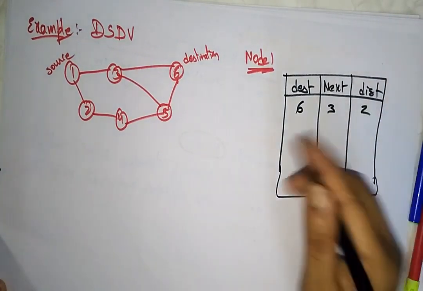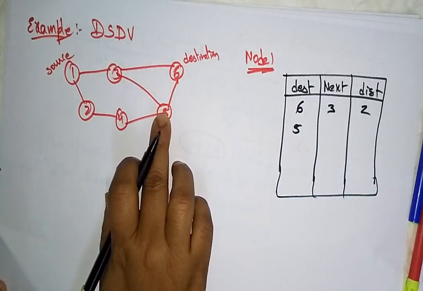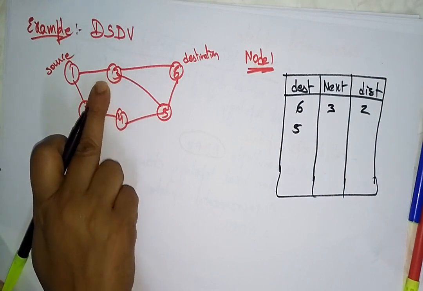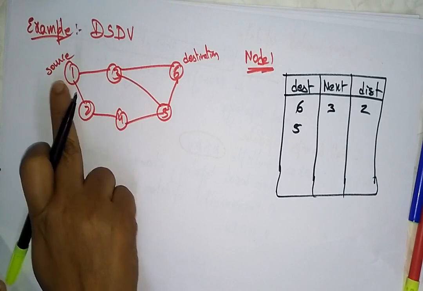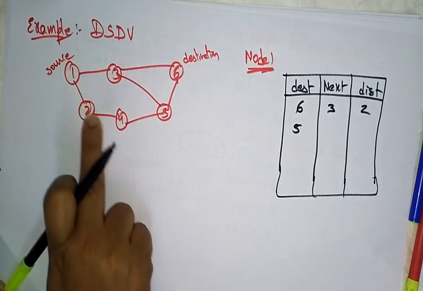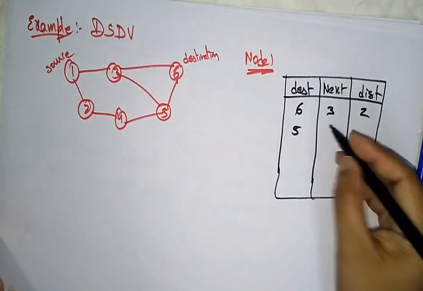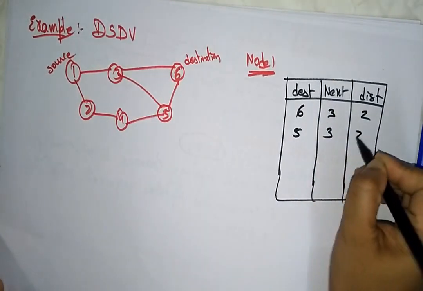Let us take the destination as 5. So what is the next node? The node is coming from 3 or 4. It obviously takes 3 only, because if we take the other path, it is a long distance, so just take the shortest distance. So the next is 3, and here also the distance is 2.